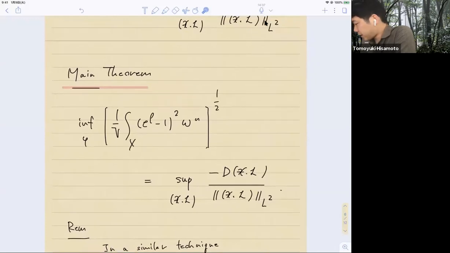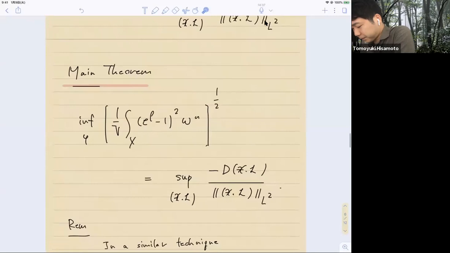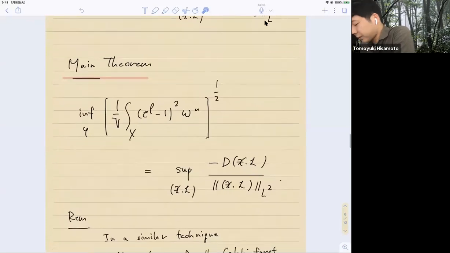But as I will explain, the scalar curvature setting looks more difficult. And the original question for the Calabi functional has not yet been completed.